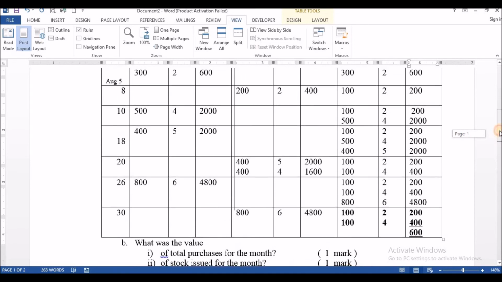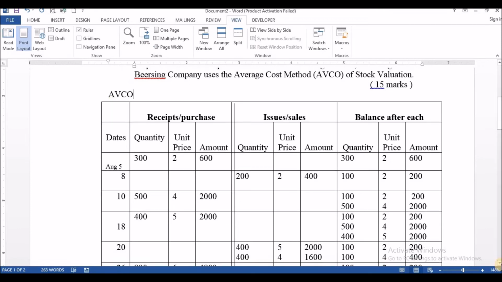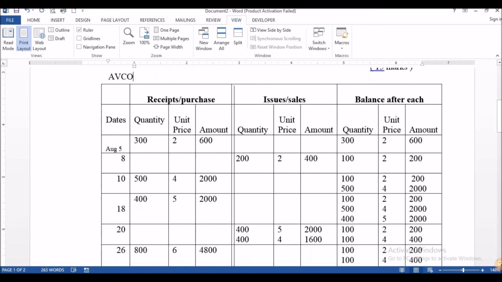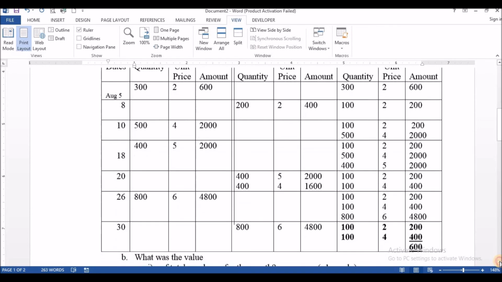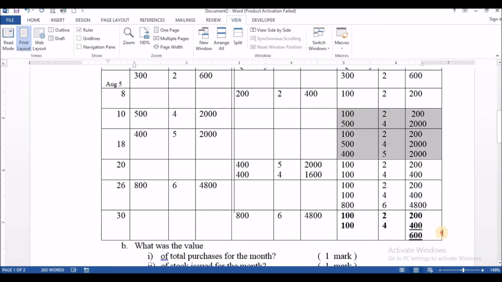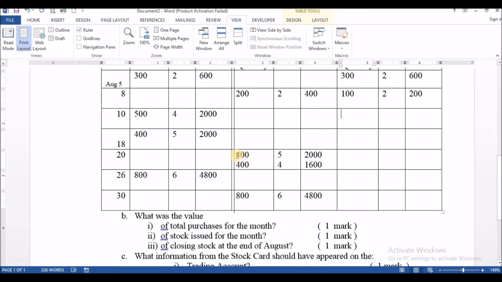Let's look at the average cost. So with the AVCO method, we will always be averaging. So let me clear the balance section. So I'm going to clear balance, and I'm also going to clear the sales section.